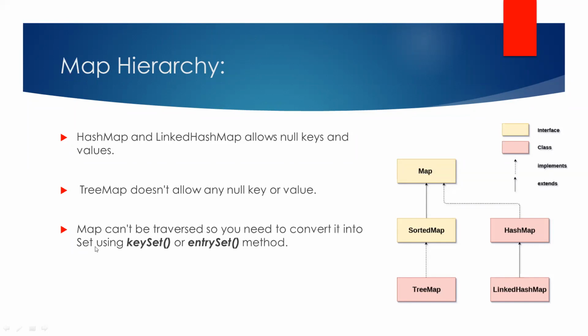Now, the map, okay, sure. Map cannot be traversed. Why? Because this map doesn't extend the interface Iterable. So what you need to do is, first of all, we'll convert the map into a set. And to convert into the set, we use the method keySet and entrySet.